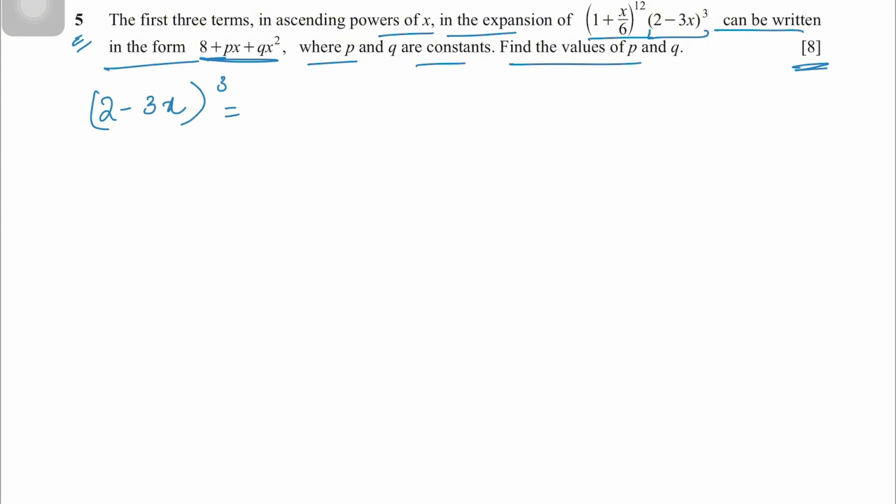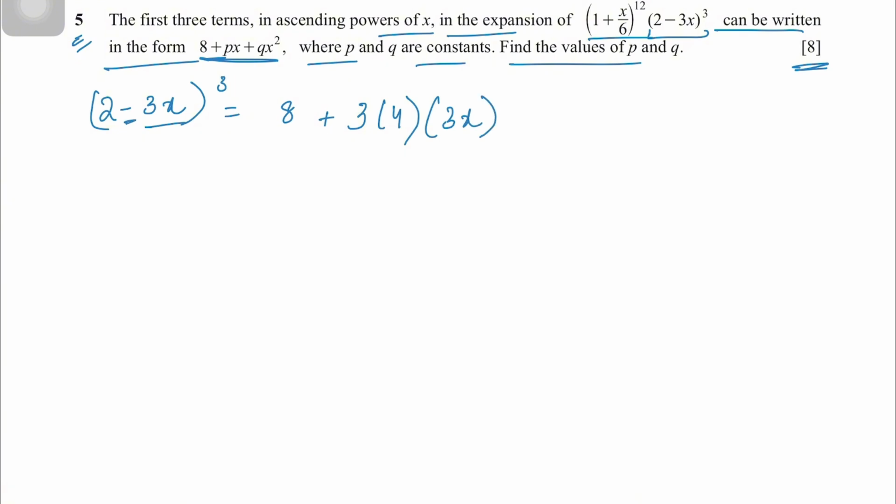So this would be 2 powered 3. 2 powered 3 is basically 8, and then it goes 3c1. 3c1 is 3. Then 2 power 2 is 4, and then this 3x is simply this.